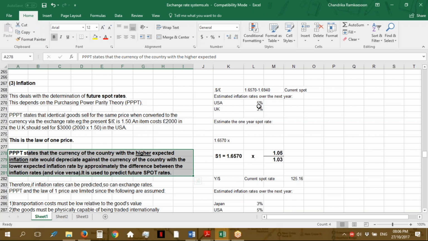Now, the next thing is this. Remember again what a weakening currency means. A weakening currency means the numerical value is going to go up. So if you know the form of the PPPT formula is to take the current spot rate and multiply it by a fraction, that's all I'm telling you. And of course, a fraction means one figure over another.